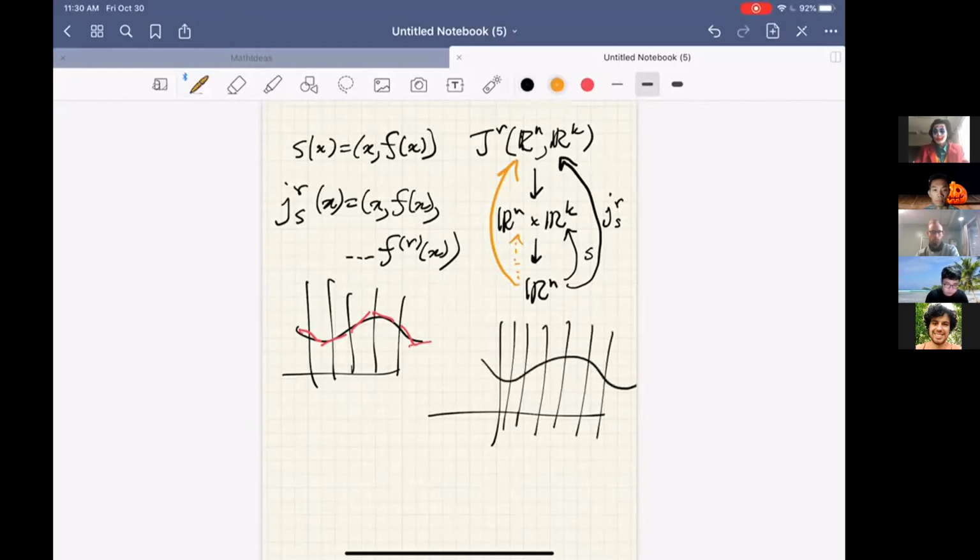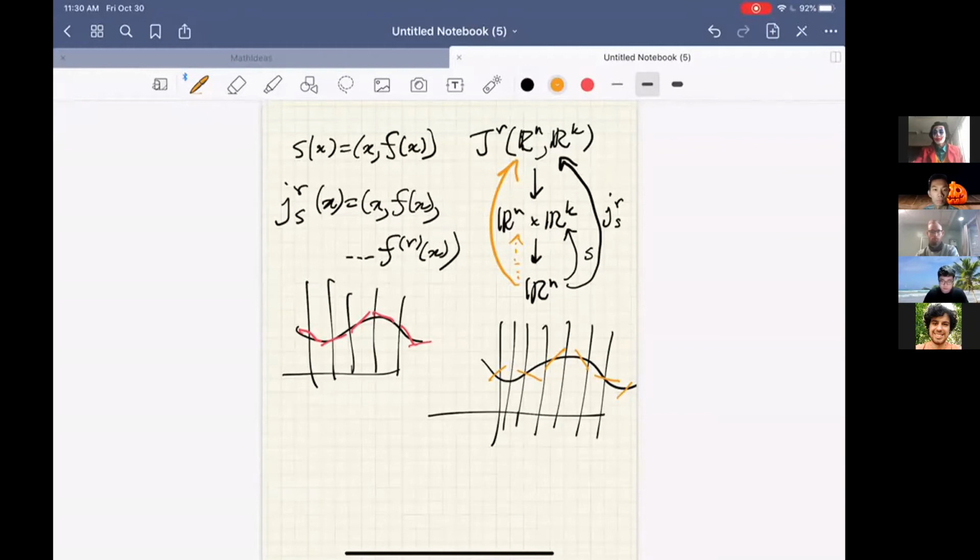That means it locally looks like this, but you could have formal derivatives. So it's not necessarily actually tangent to the function. Right? The data of a section from R^n to J^r is you need a target point, and then you need some collection of derivatives. But the derivatives don't have to be the derivatives of the actual function.